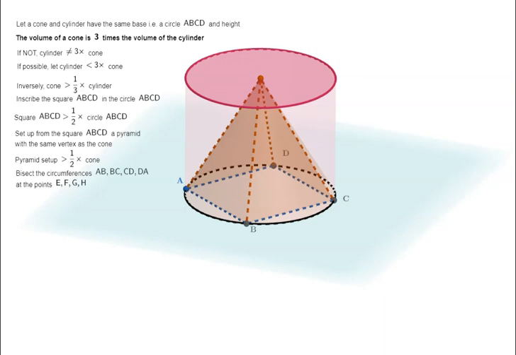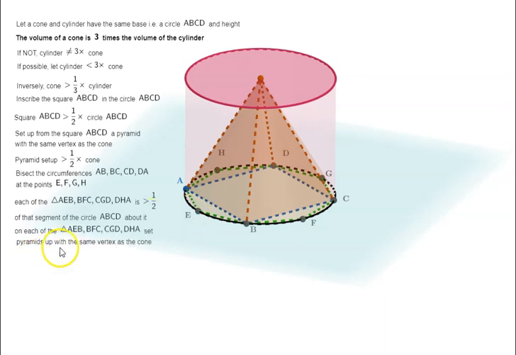So let's do that. So we get a polygonal figure. Each of these triangles, triangle AEB, BFC, CGD and DHA, is going to be greater than half of that segment of the circle about it.